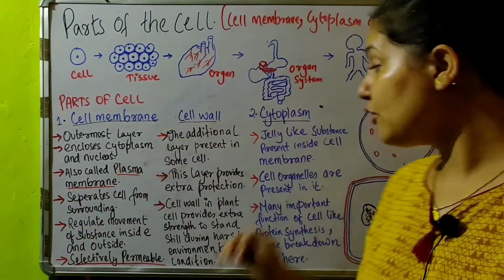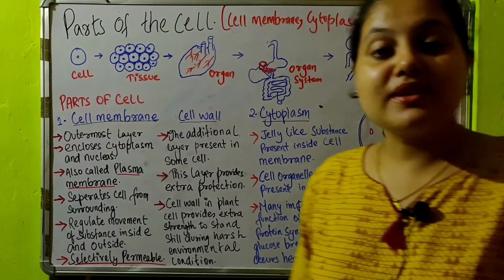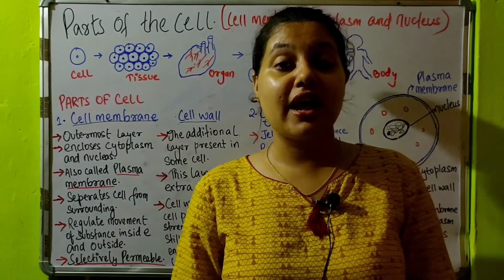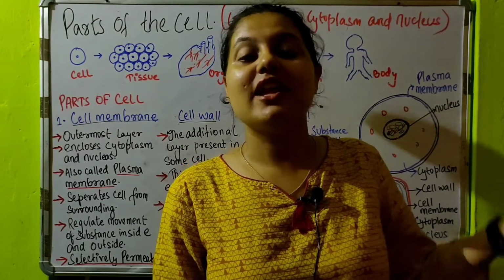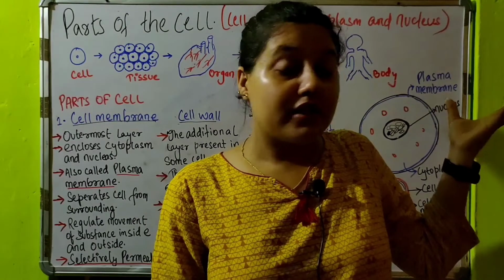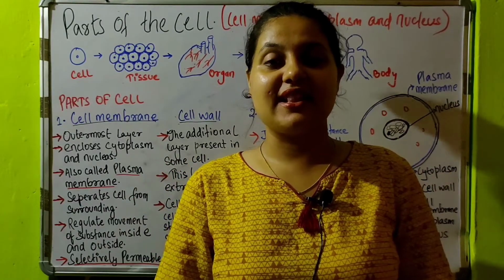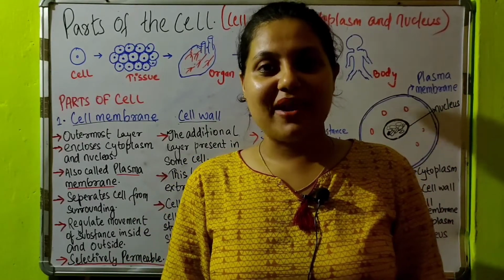I hope you got the difference between the plant and animal cell on the basis of the presence or absence of the cell wall, and I also think that you got the answer for why the plant cell are having a cell wall, and why the animal cell are not having the cell wall. Because not having cell wall is advantageous for animal cell, but having a cell wall is again advantageous for plant cell, right?